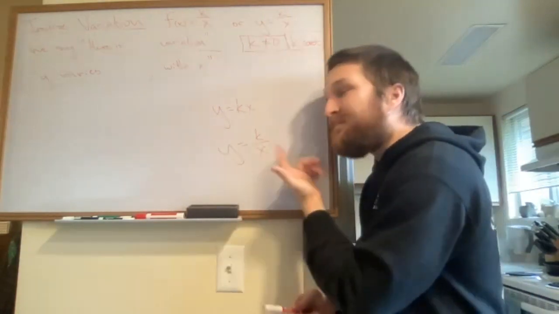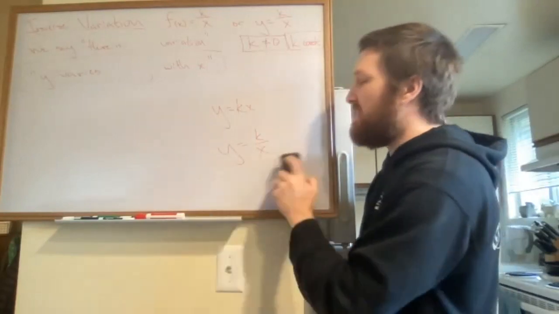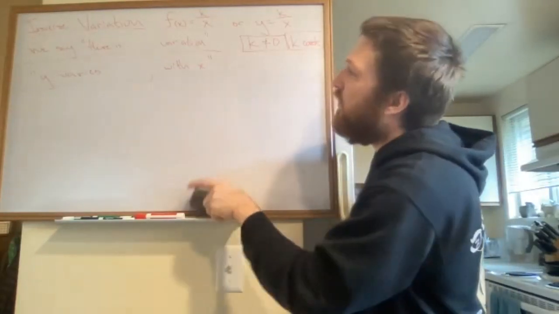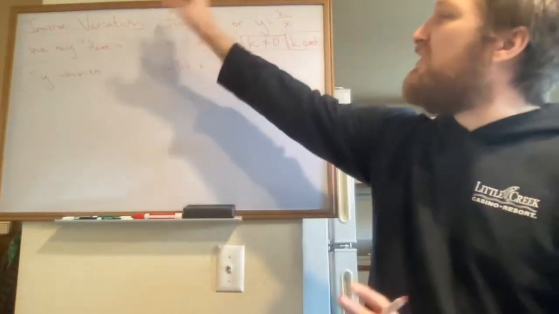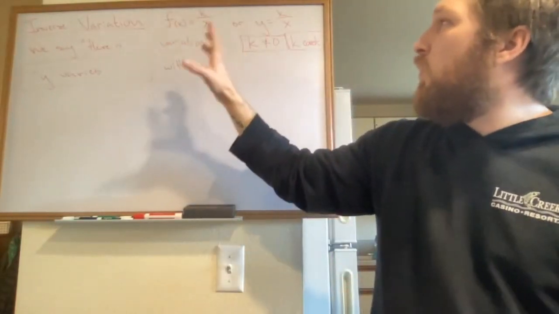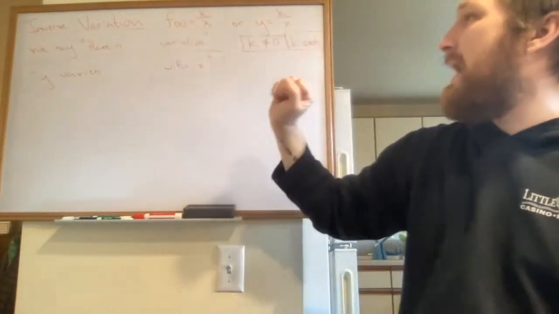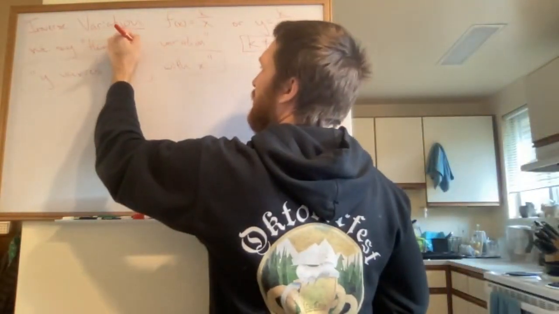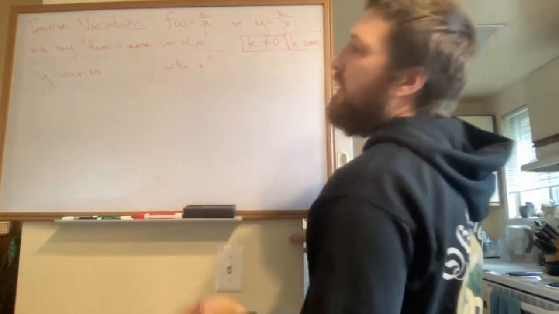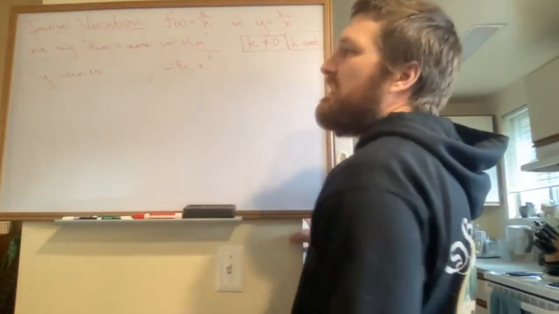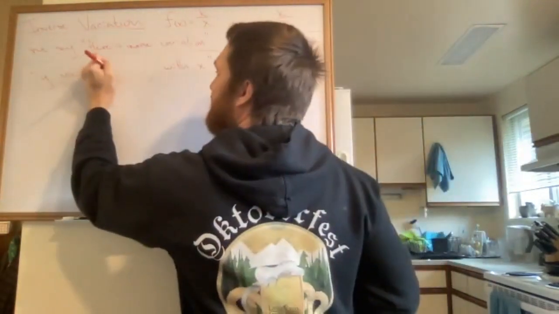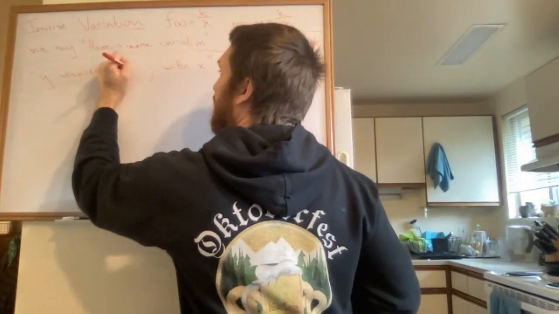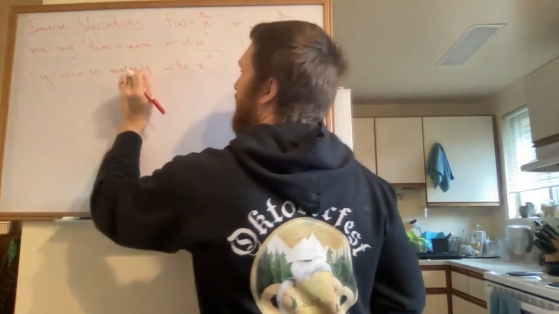And so that's why it's called inverse variation. So when you have a situation in the real world where this happens or this happens, we say there is inverse variation. But most often we will say Y varies inversely with X.